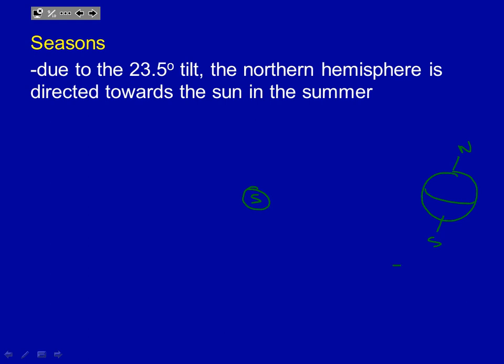So in this case, the north is pointed away from the sun. And if the north is pointed away, we're not getting as much direct sunlight. What season are we talking about here?